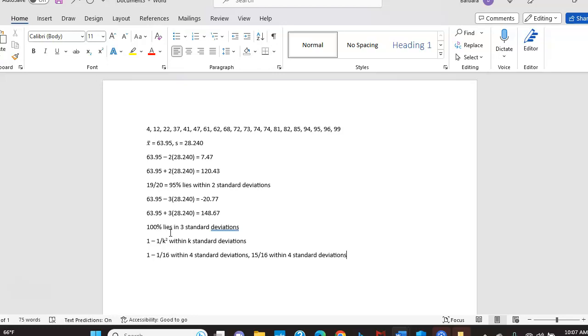So certainly that's at least 94% of the data that lies between 4 standard deviations. So this is how we show Chebyshev's rule, and it will always work. And make sure that on a question that asks you to show this on an exam, that you show your steps just like I've done here.